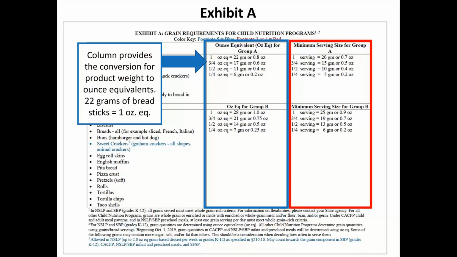So 22 grams versus 20 grams. That's a difference, if you guys can do the math along with me, of 2 grams only. In fact, if you go through all 3 pages of Exhibit A and you compare those 2 columns, you'll notice that ounce equivalents and our current minimum serving sizes only vary between 2 to 10 grams at the most.